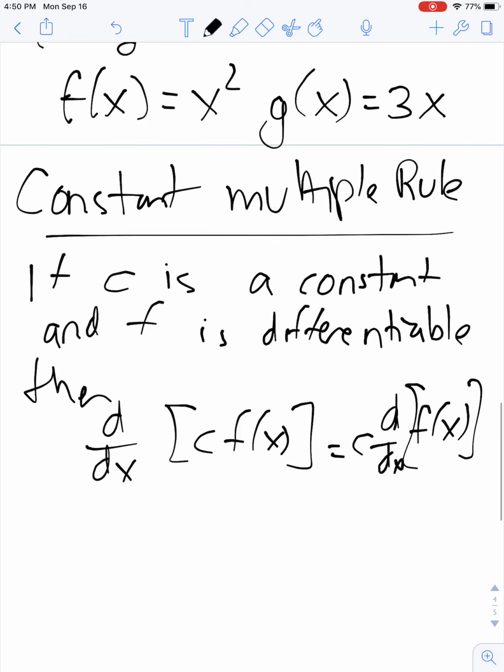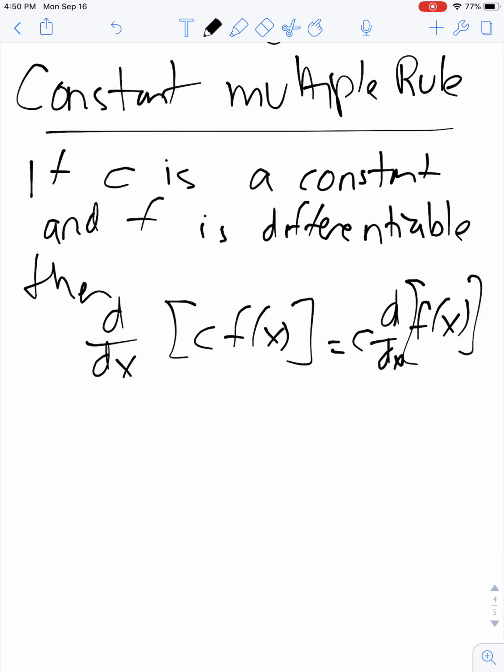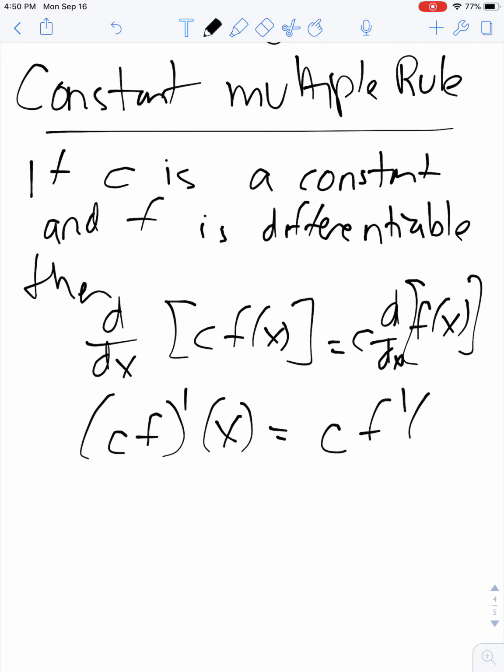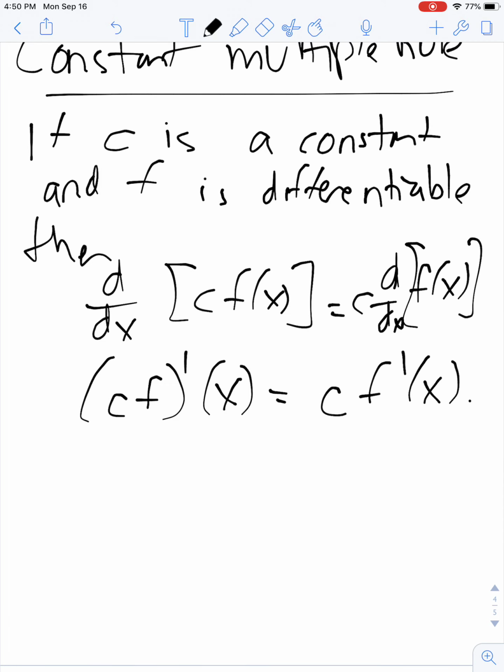I'm going to write that in prime notation since we're just getting used to this d/dx notation. So the derivative of the function c times f of x is equal to c times f prime of x. So we can pull the constant out of a derivative.